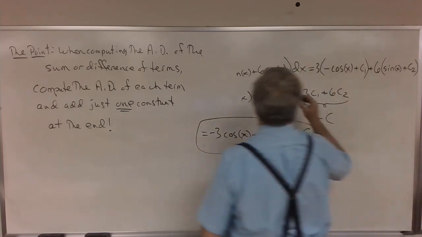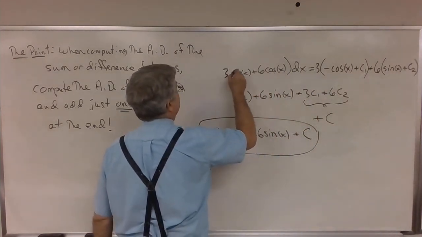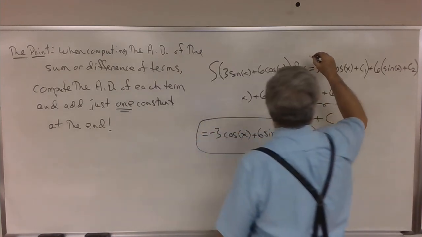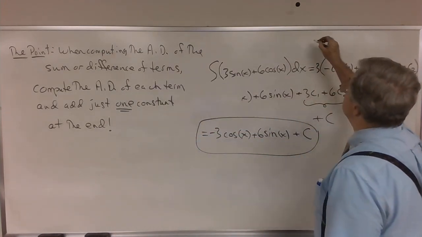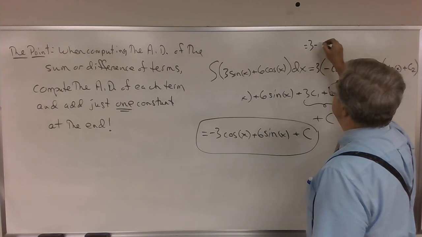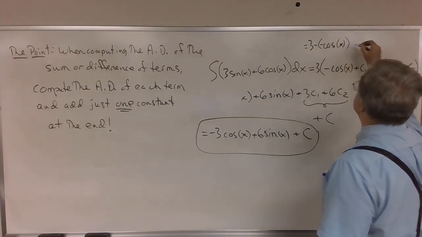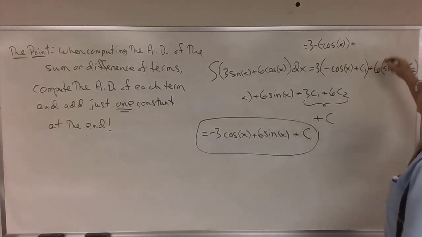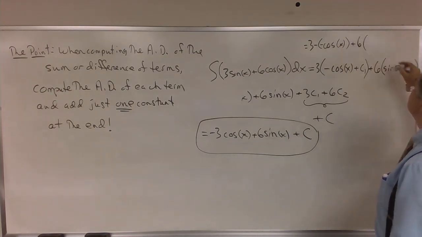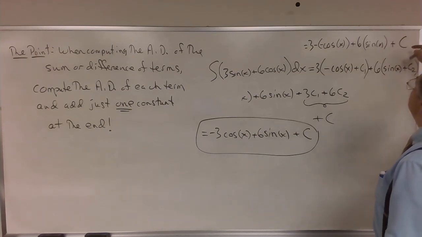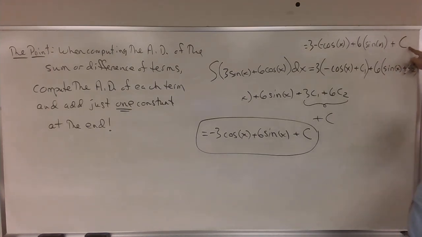All I needed to do was go like this. 3 times negative cosine of x plus 6 times sine of x, and then just add the plus c at the end.